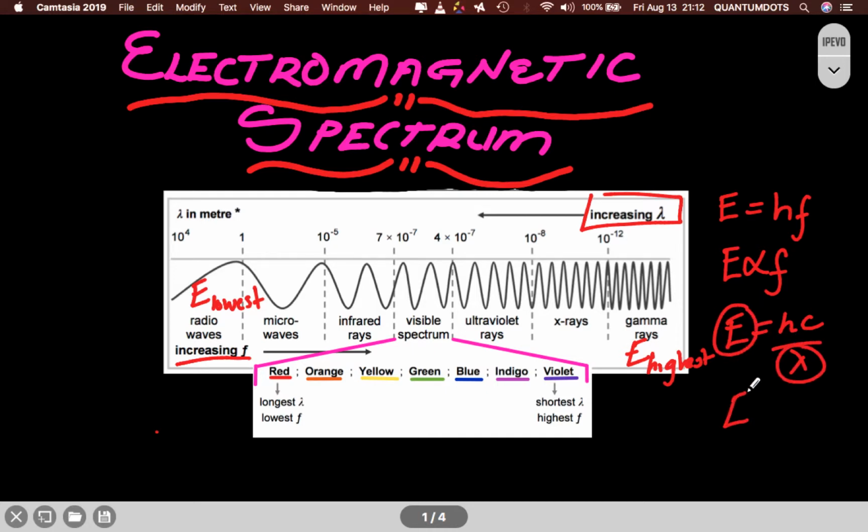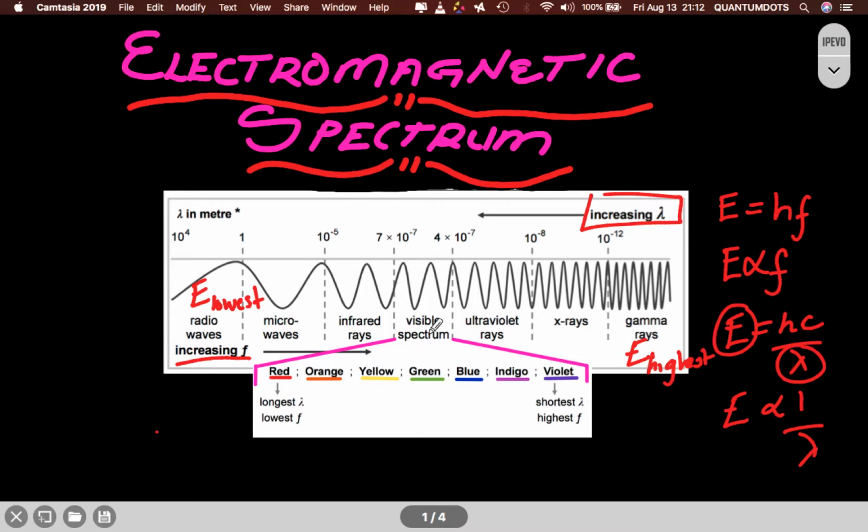In other words, E is inversely proportional to lambda, and this tells us that as the wavelength decreases from the radio waves to the gamma rays, the energy will be increasing. So this is something that we should take note of when we are looking at some of our calculations and trying to understand the photoelectric effect.